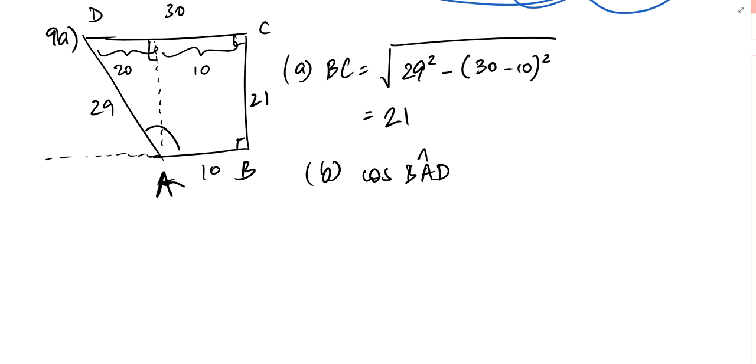Extend the vertical line from D down, the one in the middle, between D and C, extending all the way down. Like this? Yeah, like that. And then you find.